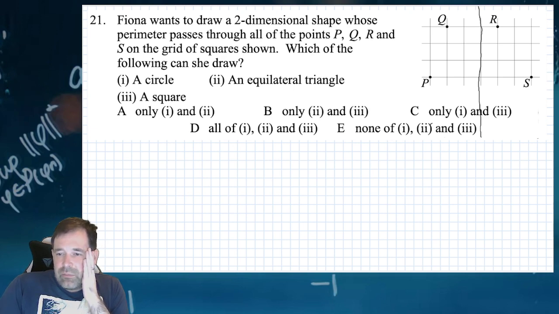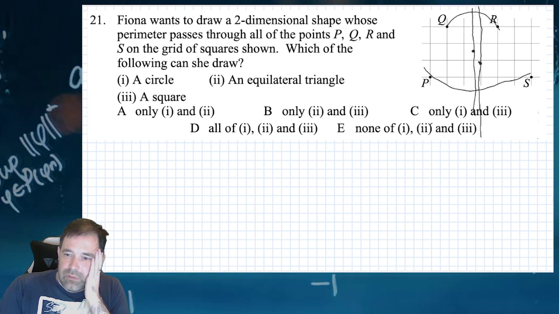You can do a very similar thing with R and S, or Q and S, but Q and R, for any centre to go through Q and R, it would need to be on that line, and I don't think you can have a centre on both of those lines. If you have one here, a circle will go through Q and R. If you have one on here, a circle will go through Q and S, but I don't think it's possible to get one that goes through all. Yeah, so I don't think a circle's possible.